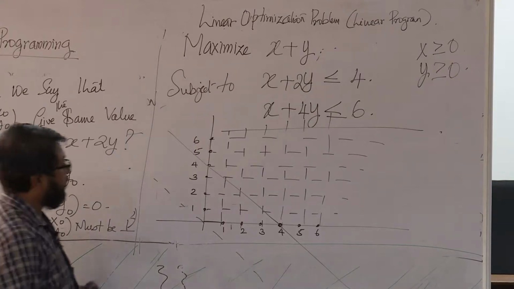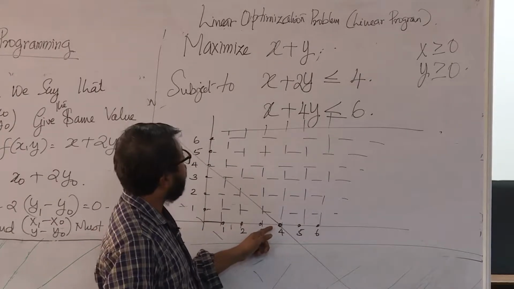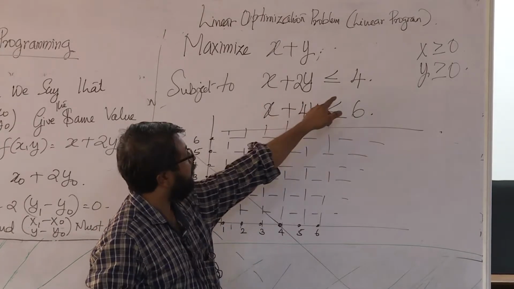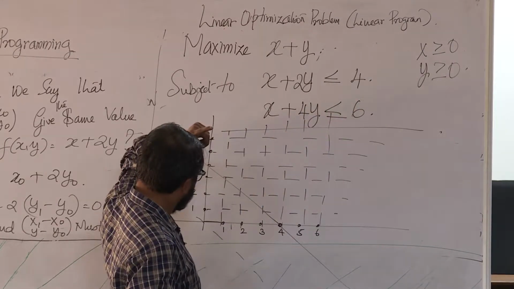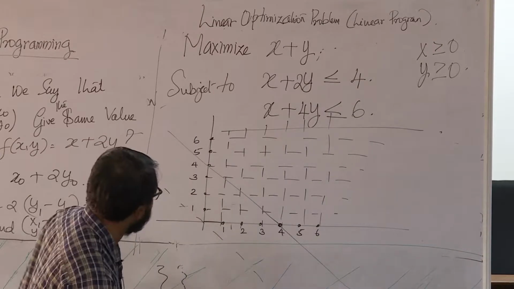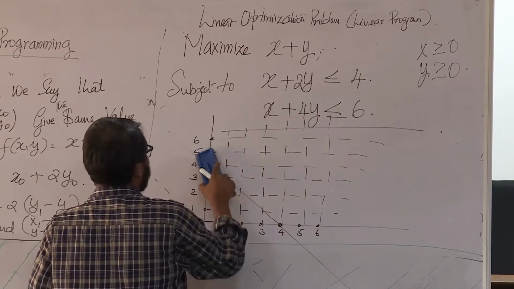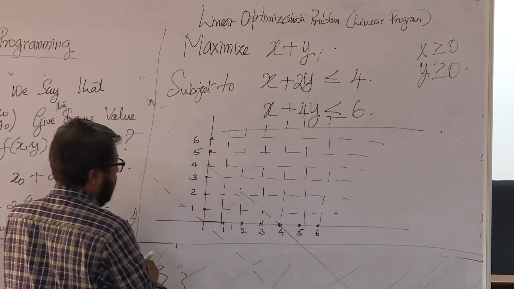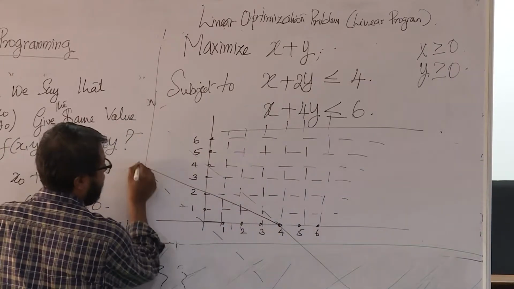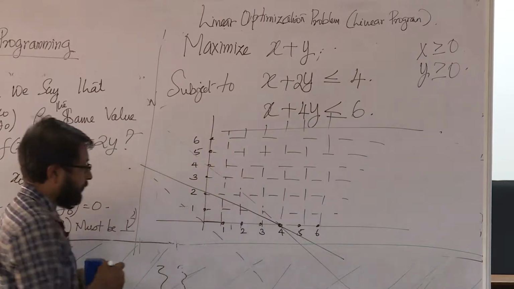4 comma 0 is this, right? 4 comma 0 has x plus 2y equal to 4. The y axis point I got wrong. So from here it should go like this, yes, I agree.